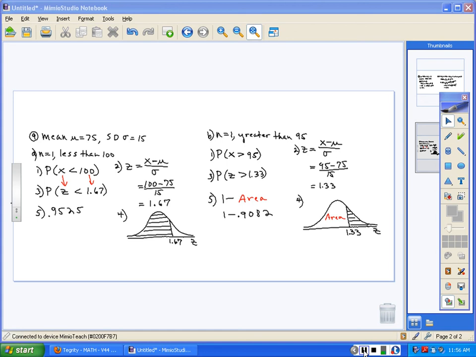And when you subtract, the answer is 0.0918. And that makes sense because we shaded in less than half of the graph. And we got an answer that was less than half. The answer of 0.9082 for the area that we shaded in would not make any sense. So you have to remember on this one that you have to subtract it from 1.